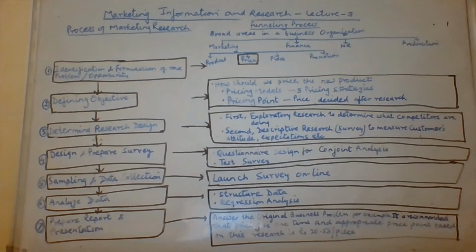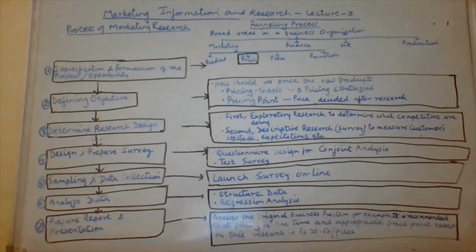Pricing plays a very important role, and how to fix an appropriate or reasonable price for a particular product is of major concern for any marketing manager. So the pricing point will come out at the end of the video, as to how we arrive at the appropriate price for my product.